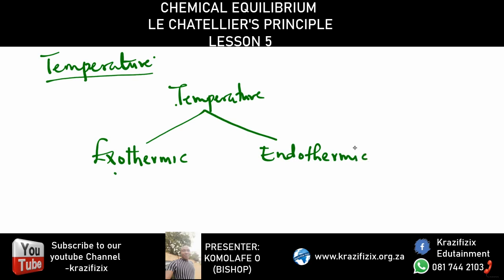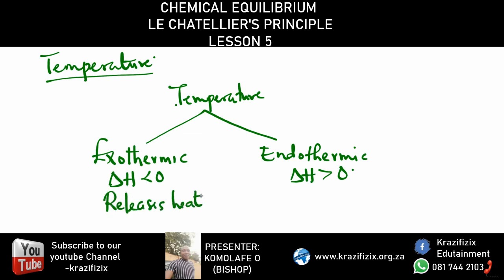Okay, this one releases what? Heat is, let me say, delta H is less than 0. Delta H is greater than 0. Here, releases what? Heat to the environment. This one does what? Absorbs. Okay, absorbs heat.